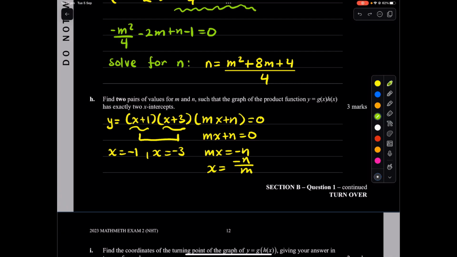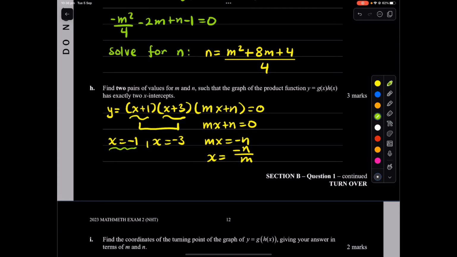So let's try this first one here. If I let that equal negative 1, negative n over m, which is just 1, equals n over m. What values of m and n will give us 1? Well, n equals 1 and m equals 1 will give us 1. So we can write that, one pair is n equals 1 and m equals 1.